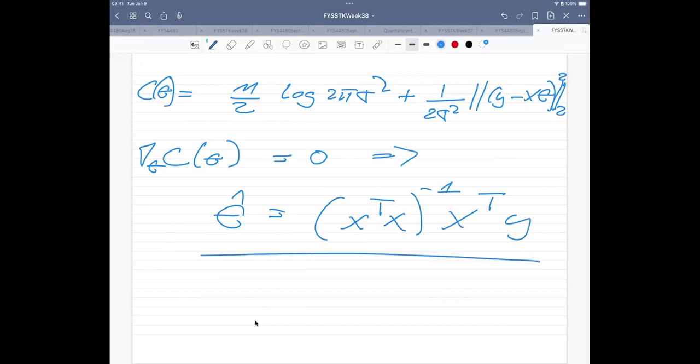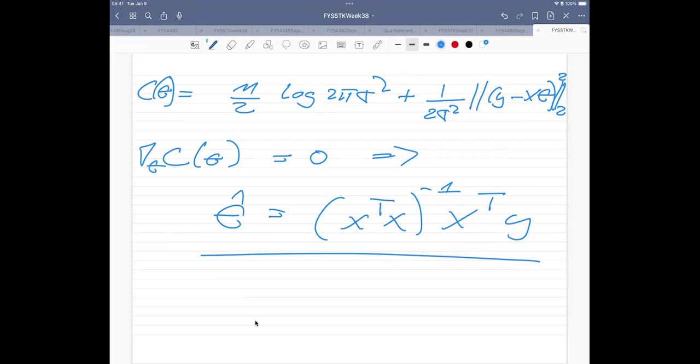So I can derive the same equations which we started with in the semester, where we started with plain linear algebra without thinking of any probabilities. I can now assume that the y's follow a specific probability distribution. So if I let the y's follow a Gaussian distribution with a mean value, which is x, the design matrix times theta, and a variance, which is sigma squared, then I derive the same equations which I did with standard linear algebra methods.